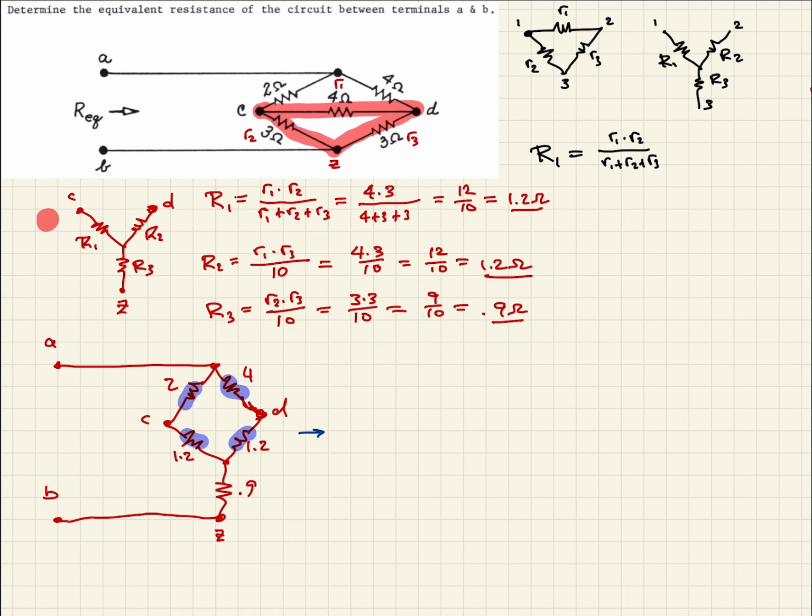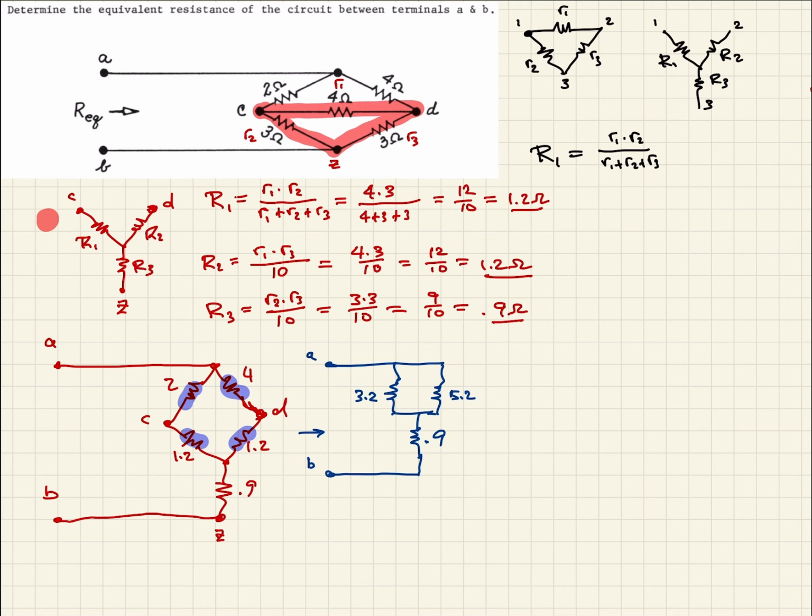And so when we do, again, we'll start with our A, we'll come over, and then we will have 2 plus 1.2 is 3.2, and then parallel to that, we will have 4 plus 1.2 is 5.2, and then that goes through this 0.9 ohm resistor back to this. So this is still A and B. Okay, so that takes care of that.